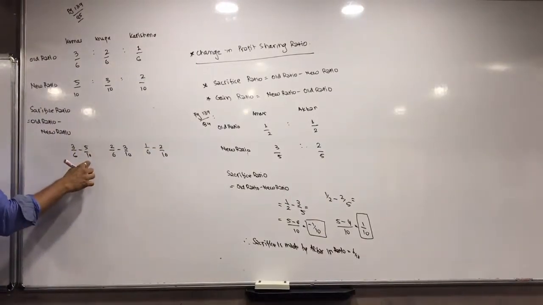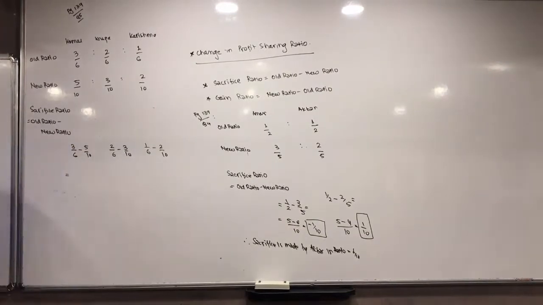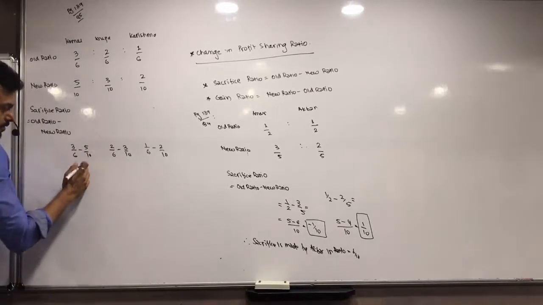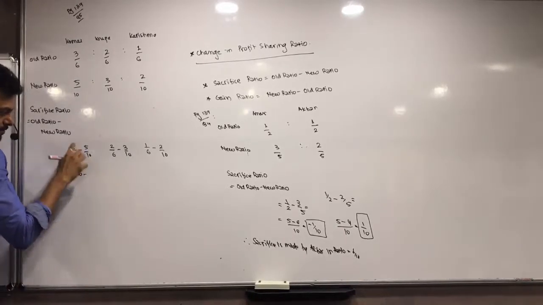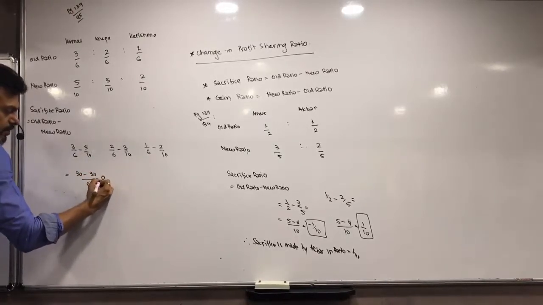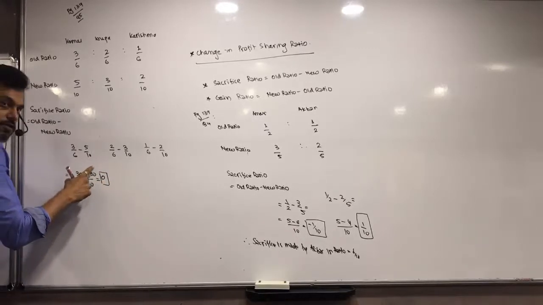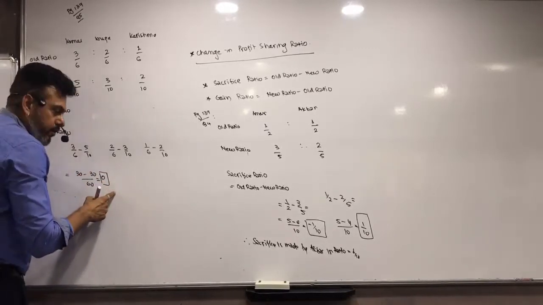नीचे करते हैं solve. Cross multiply. Cross multiplying is the easiest thing if you are not confident about LCM. Okay. 30 minus 30 upon 60 is equal to 0. 30 minus 30 is 0, upon anything is 0.